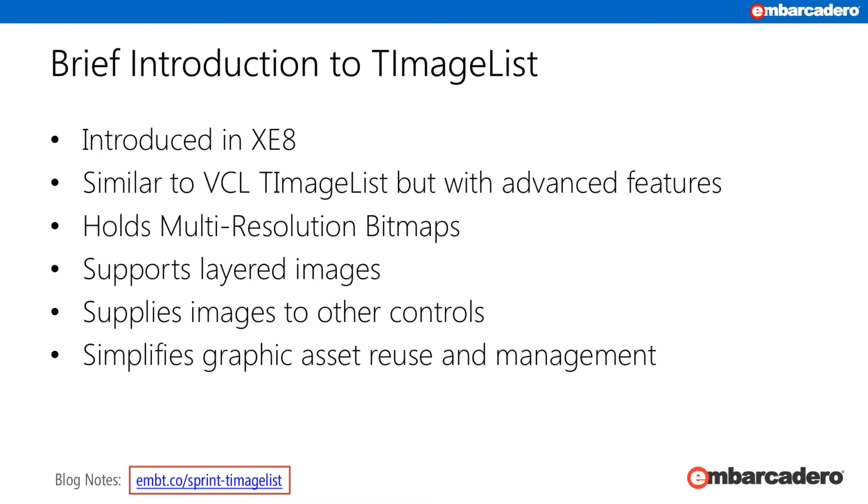This prevents duplication of that image within your application, which would cause it to take up more space. Also, if you need to swap out an image in the future because you're upgrading to newer graphics, you change it in one place and it changes everywhere. So it provides a number of great benefits for building complex applications where you need to reuse graphics over and over again.